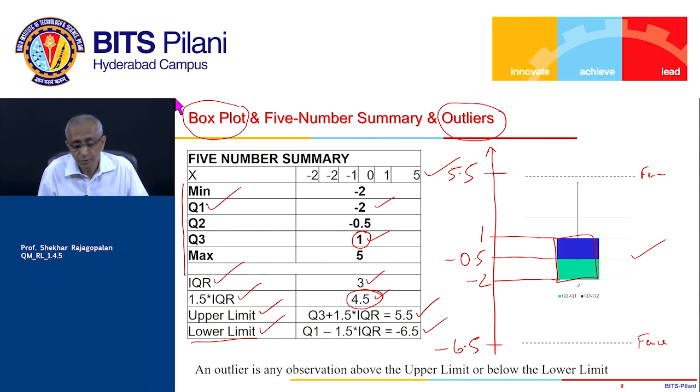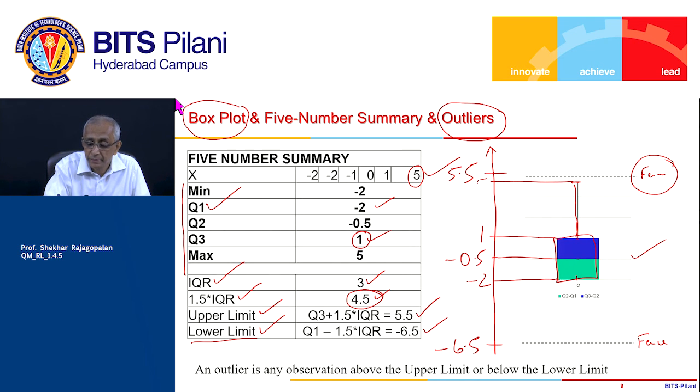Now we need to extend from this box upwards and downwards. We need to draw a line. How far does this line go? This line will go to the maximum value which is less than the upper fence. For this data set, all numbers are below the upper fence and the maximum value is 5, and therefore this number out here is going to be mapped at 5.